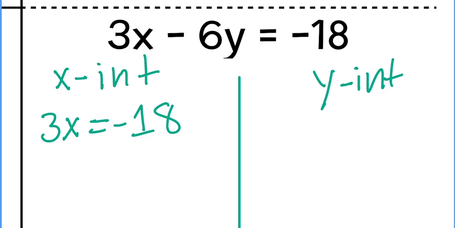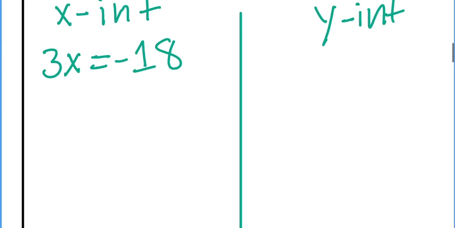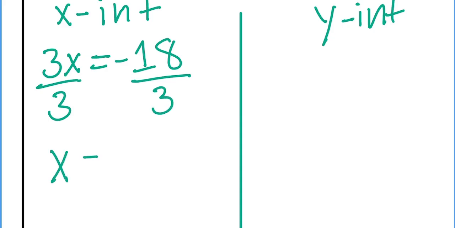And what is 3x plus 0? 3x. So, just skipping some writing, making it a little easier on myself. So now I only have one step to get x by itself. Divide both sides by 3. So I have x equals negative 6.